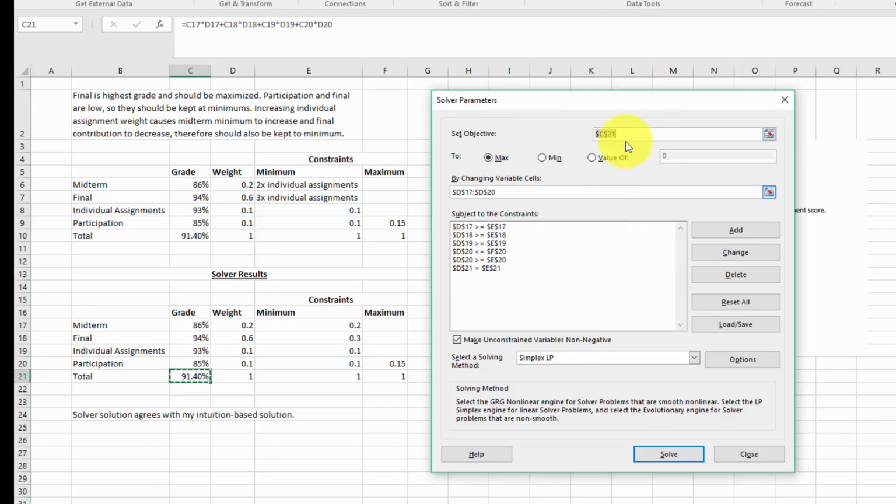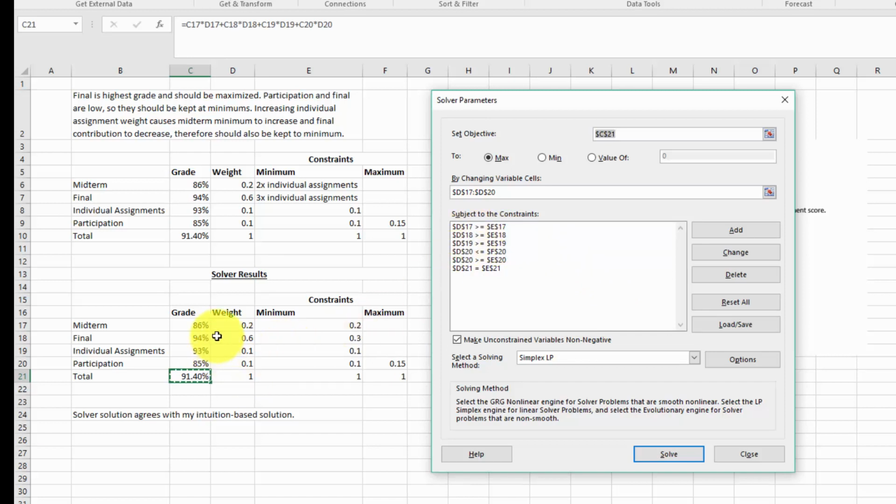And you can see that C21, which is our total grade, which is the weighted grade, we want to maximize that by changing the cells D17 to D20. That's the weights, which is what we want to change. And then we can look at the constraints that we put in.